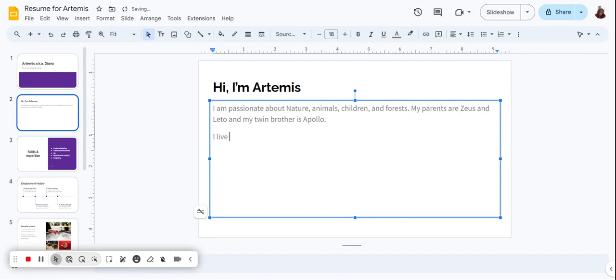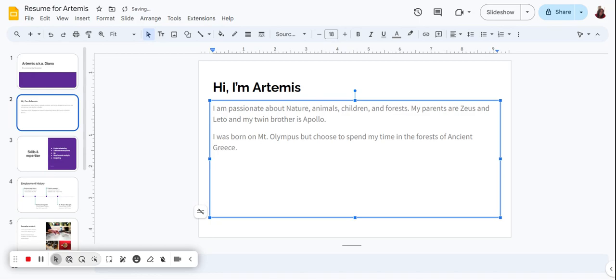I live, or I was born, let's say, on Mount Olympus, but choose to spend my time in the forests of ancient Greece.